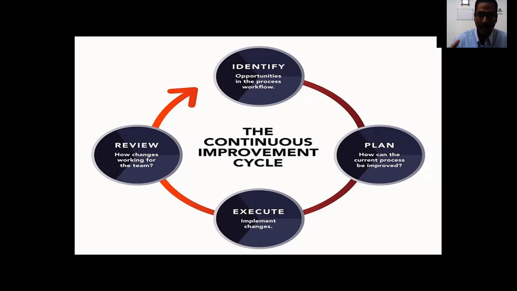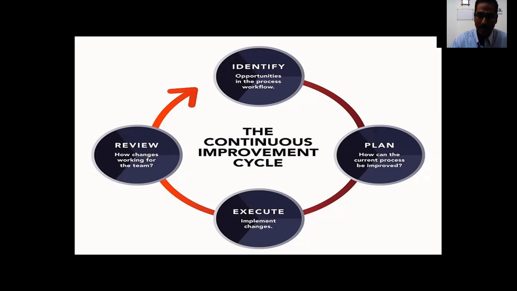Then implement our planning in terms of improvement. Then see how our implementation was successful in improving the quality of the product and the processes. So it is again identifying. So it is a cycle. These are very important things in terms of operation.